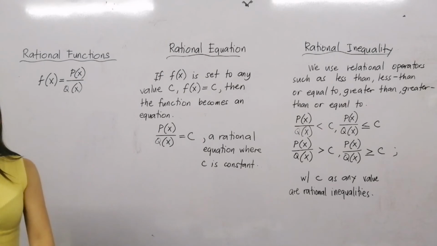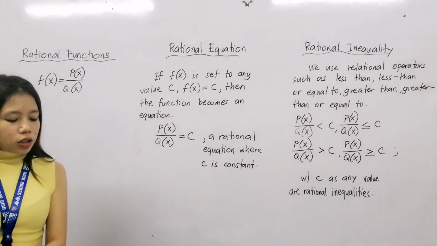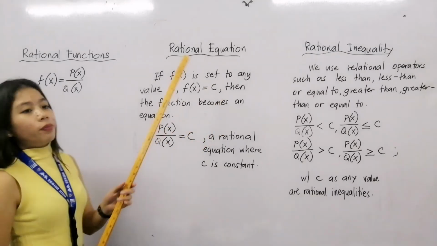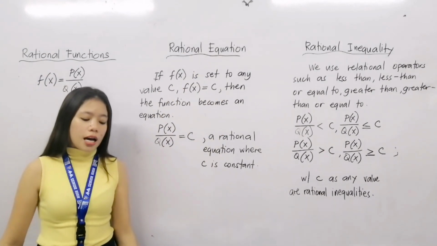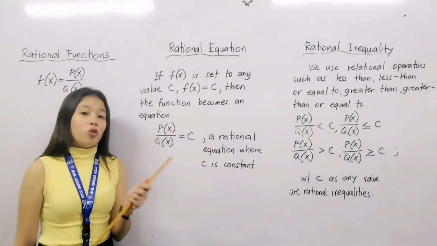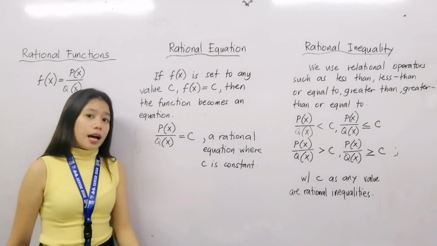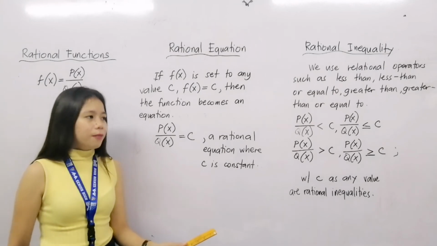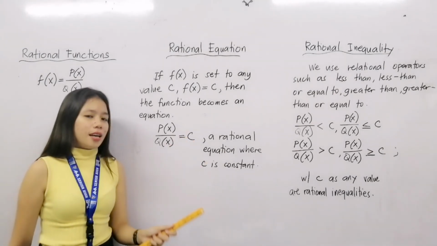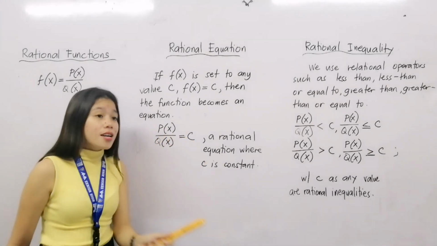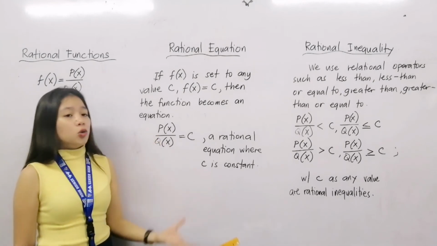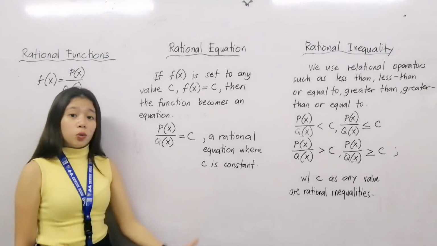So let's have first rational equation. Rational equation, class, is a rational function whose value is equated to a value. Kaya nga po siya equation kasi we have to equate. Again, rational equation is a rational function whose value is equated to another value.